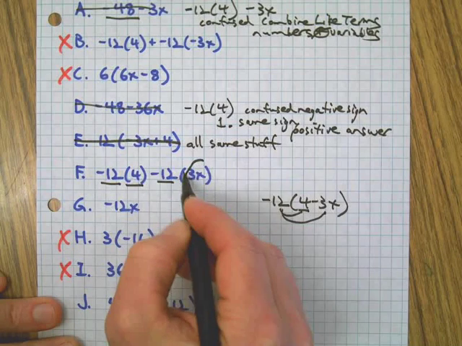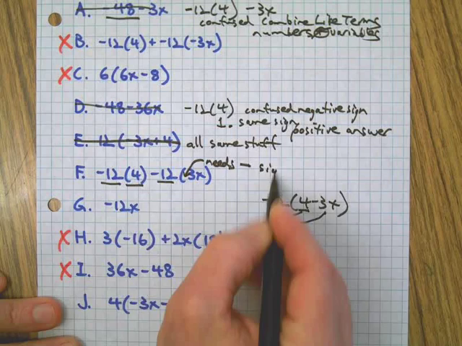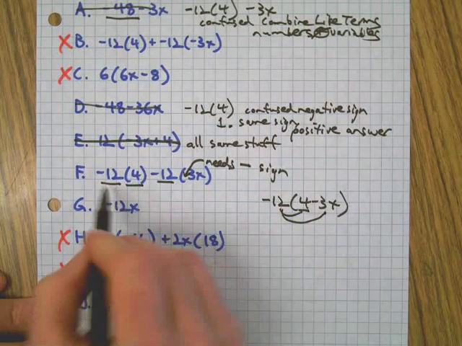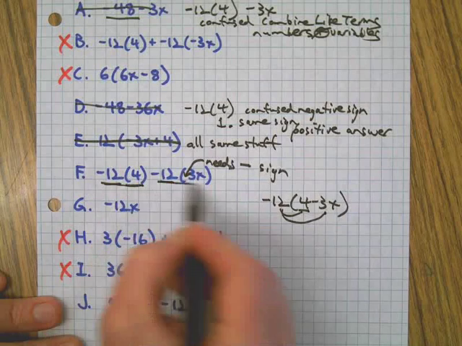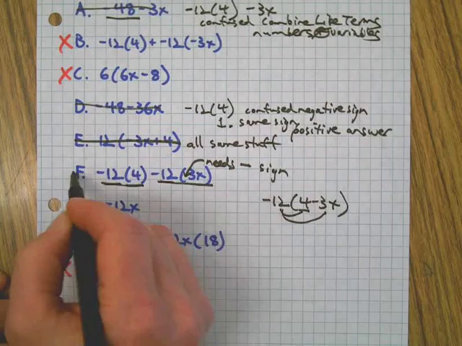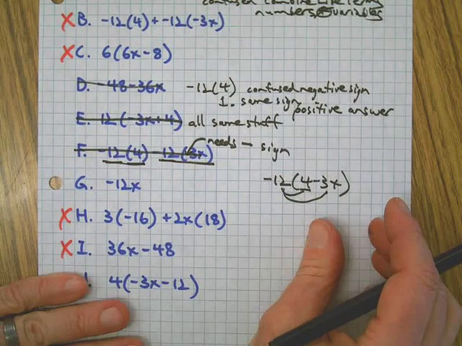We missed a sign here, didn't we, right? The 3x needs the negative sign. That's why someone might choose that. They see that this is the distributive property in action, get excited, see all the same numbers, and make a hasty and incorrect choice.